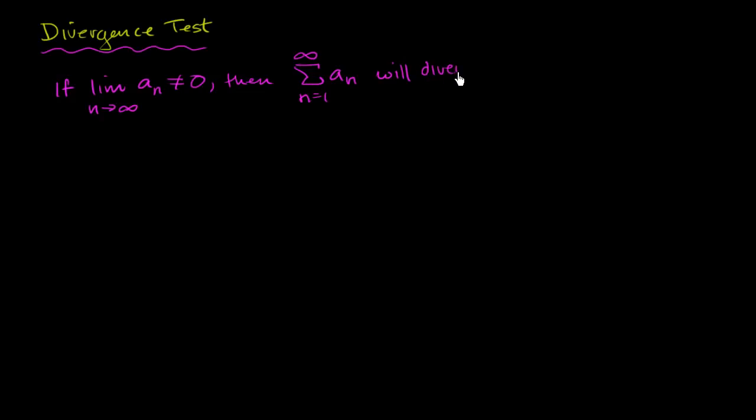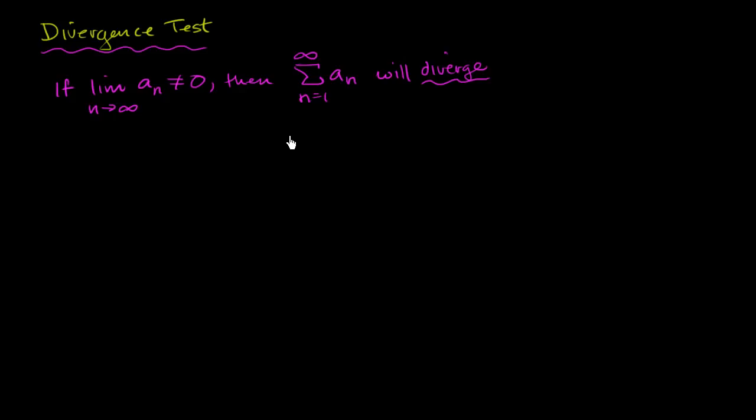And we've already gone through what it means to diverge: this sum is either going to go unbounded to positive infinity or unbounded to negative infinity, or it'll just oscillate between values. It'll never really approach a given sum or a given value. So that's what the divergence test tells us.